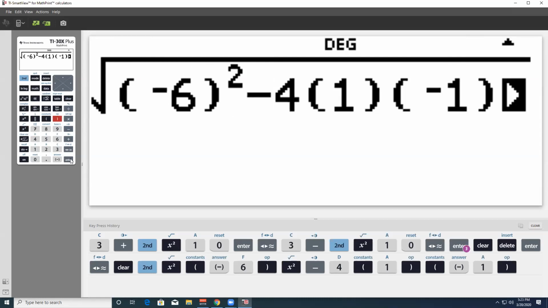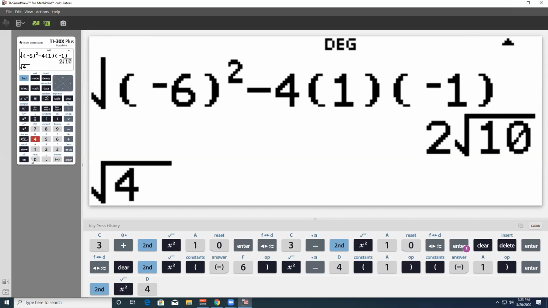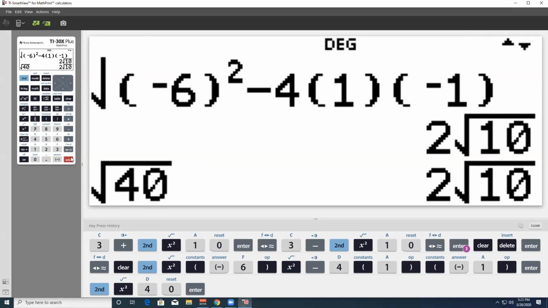Then I hit enter. And look at that, it breaks it down to 2 square root of 10 already, which we had to do by ourselves. When we did it, we got the square root of 40. What's great about these TI-30s is that when I hit enter, it breaks the radical down for you already. Bam, there it is.